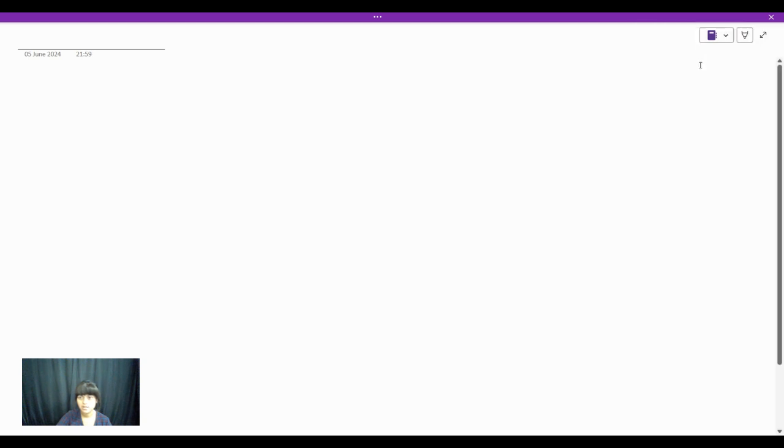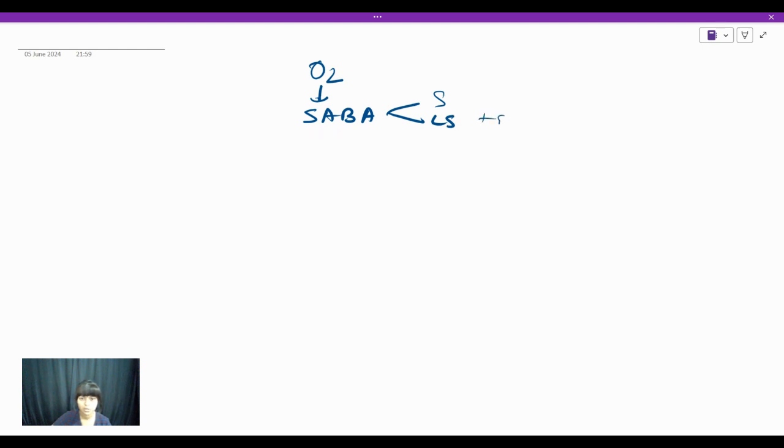So let's look at the flow chart now. So the first one is you have to give oxygen, then you have to give SABA, that is salbutamol or levosalbutamol, whichever is available, along with oxygen. Not responding, go for prednisolone, that is steroid. Not responding, go for ipratropium.